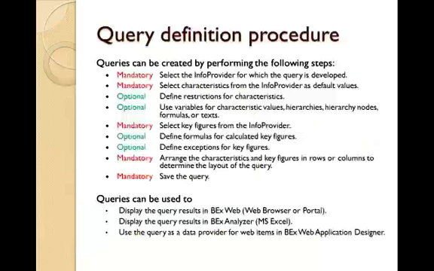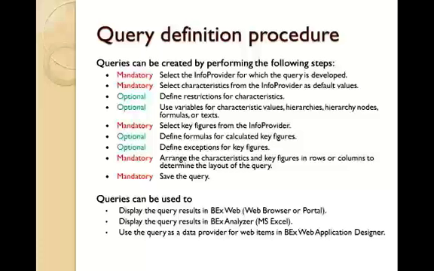Okay, on this slide, it shows basically how you define a query, what components are required, and what are optional, and so on. The required components are shown in red. So first, you need to select an info provider, and secondly, you need to select characteristics from the info provider as default values.